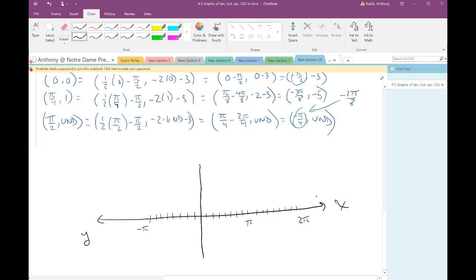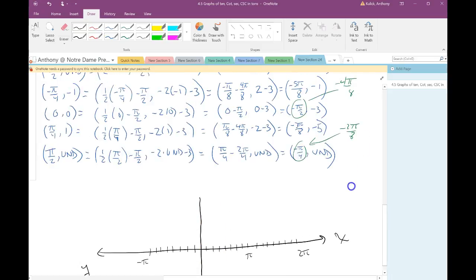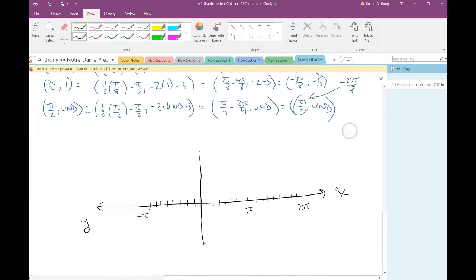And I'm going to try to graph 2 pi's worth of stuff. So I'm going to go ahead and graph out to 2 pi, and I'll just keep repeating the pattern until I've filled up 2 pi's worth. And then my y coordinates are all negatives.